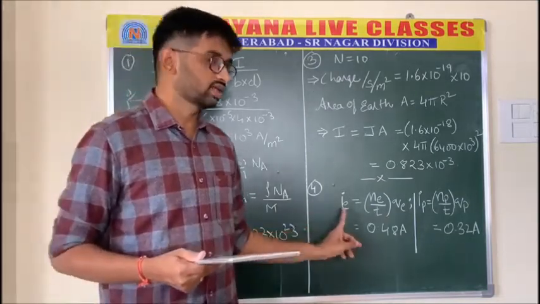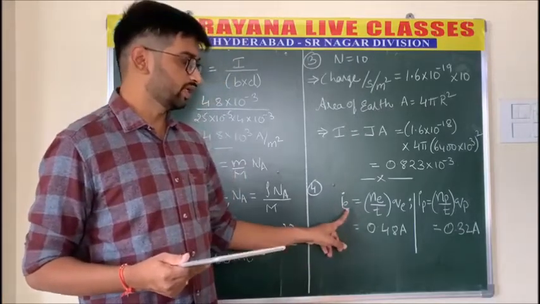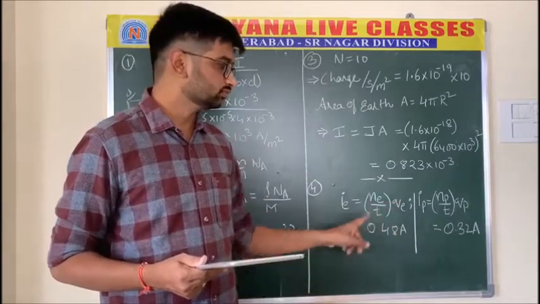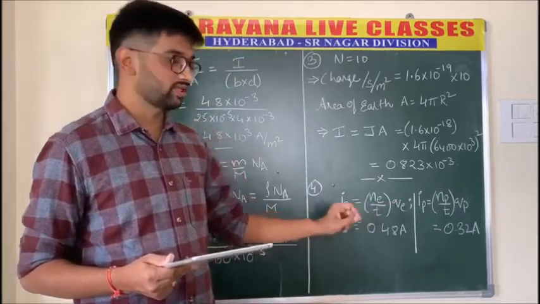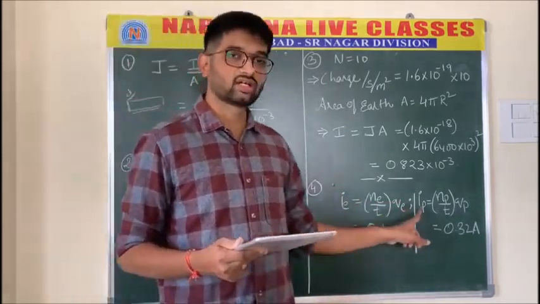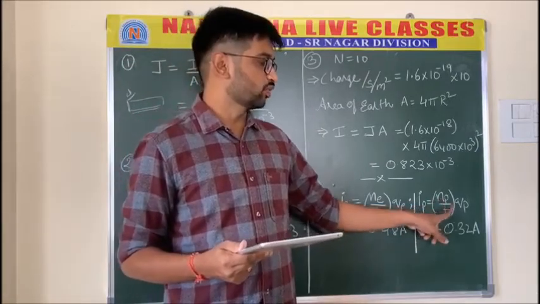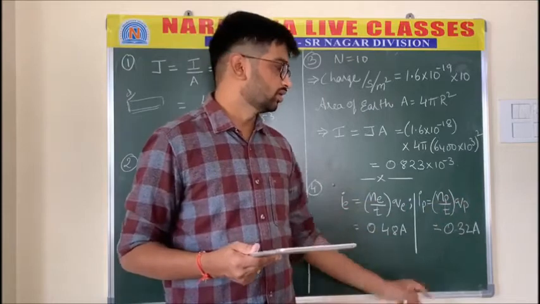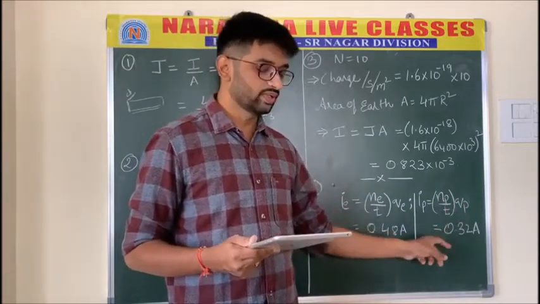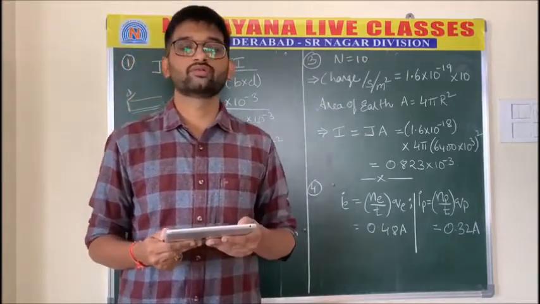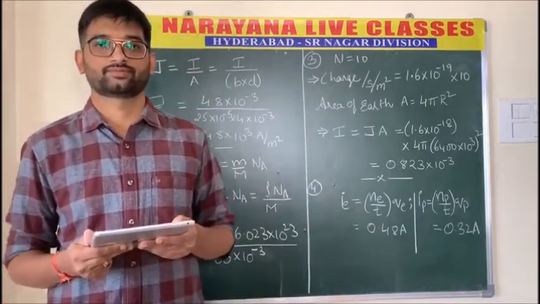So here current contributed due to the electrons is number of electrons by t, that is N by t into Qe. Number of electrons are given per second. Similarly, current contributed by protons is number of protons by time into Qp. And substituting these values, we get the current contributed by protons to be 0.32 amperes.